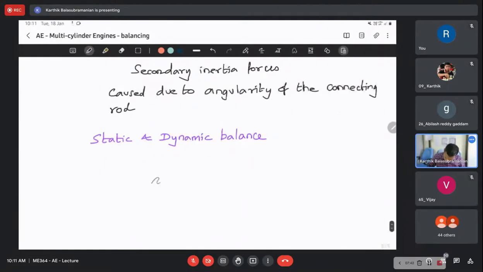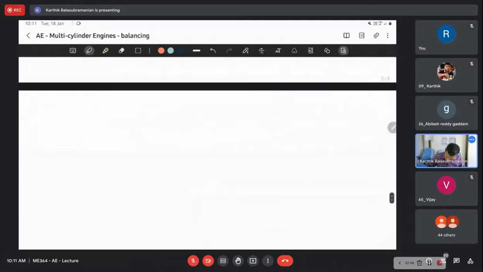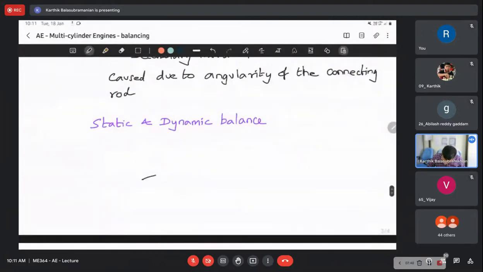So if I consider a rod, okay, and let's say there is a certain mass A1, okay, and then I have a similar mass A1, and then you have a mass B1 and a similar mass B1.